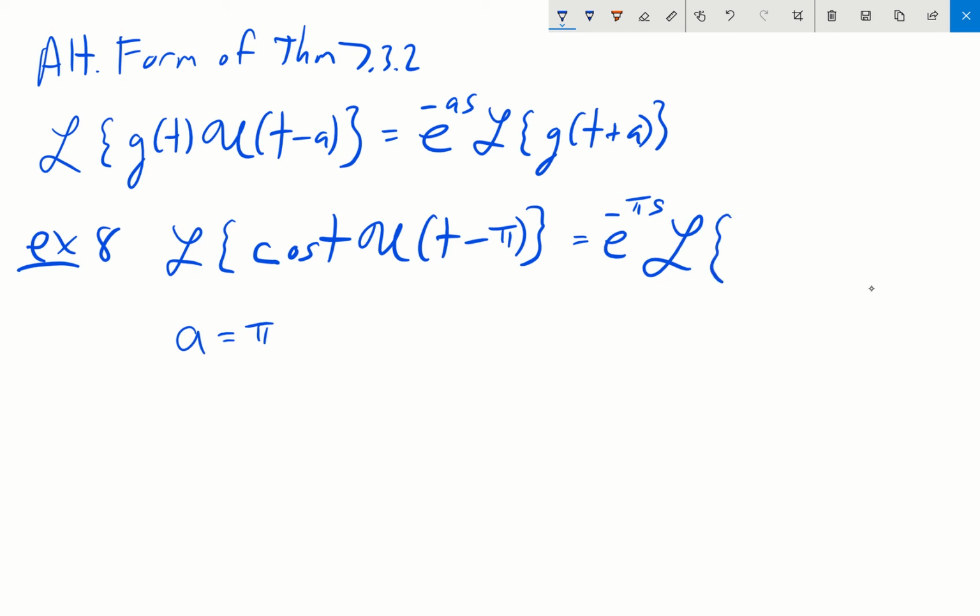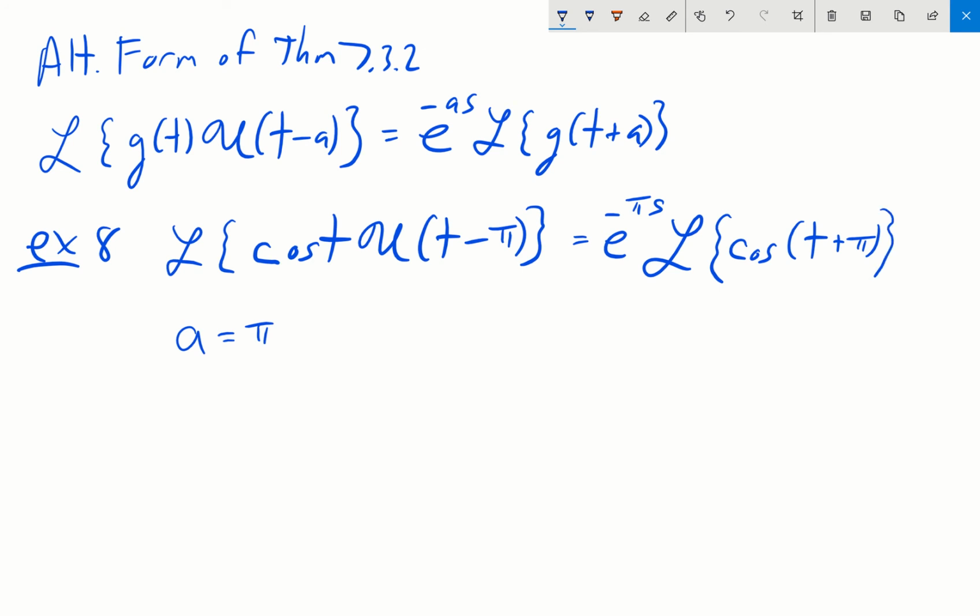So according to this, this should be equal to e to the negative pi times s times the Laplace transform of, now it's going to be the cosine of t plus pi, because the minus sign there corresponds to a plus sign there. So we get this.